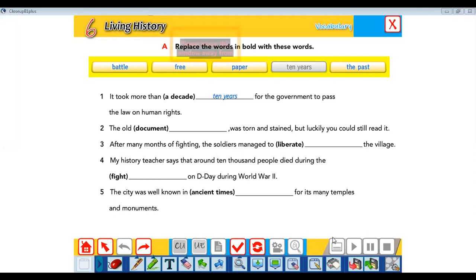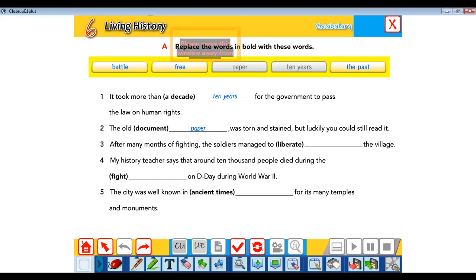Document here, it means, you will choose from these words. Past. Document means the past. Try to think. Yes. It means paper. Document means here paper. Paper means paper. It's okay, thank you.